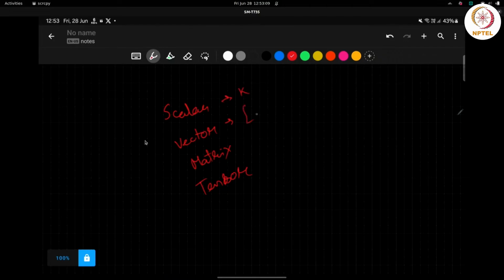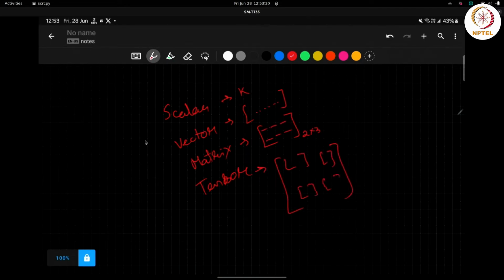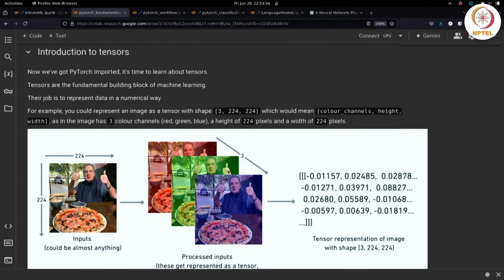This is a combination of real valued numbers, and this would be a higher dimensional matrix like 2 by 3, where again these are scalar values, and this could be higher dimensional matrices. These are scalars, vectors, and tensors, and these are the basic building units of any neural network in PyTorch.